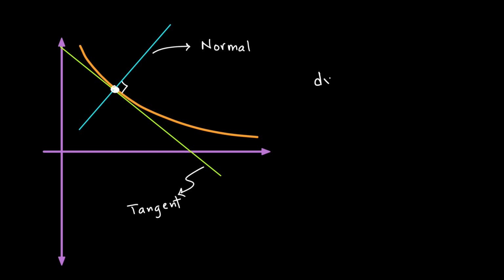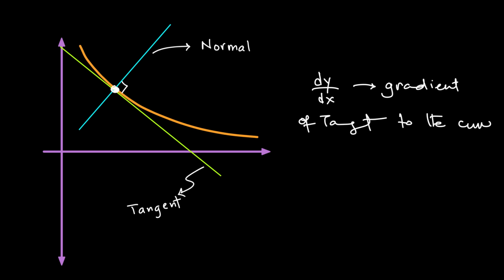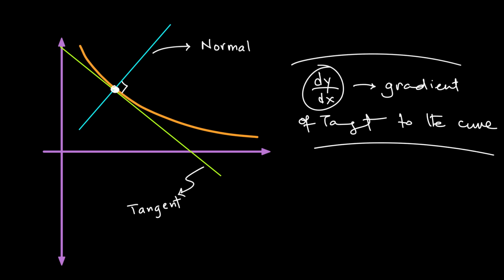We know that dy by dx is the gradient of the tangent to the curve at a particular point. We can plug that point in and evaluate dy by dx.